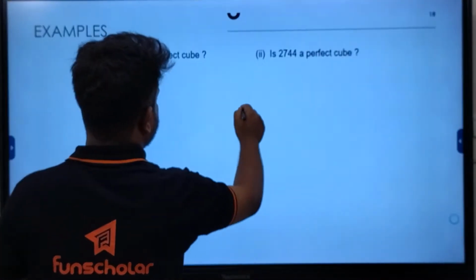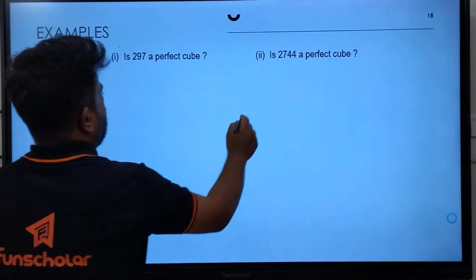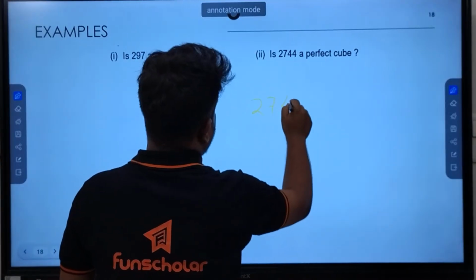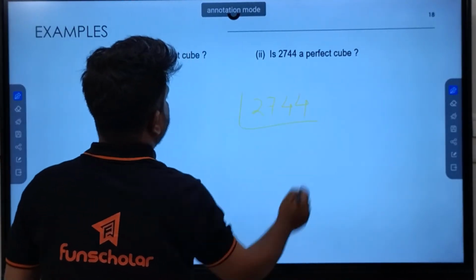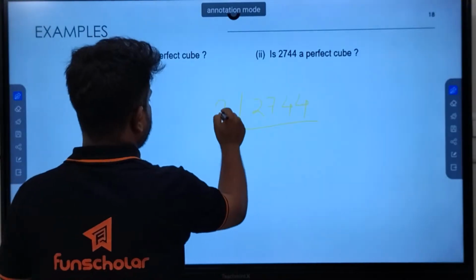And talking about this one, that is 2744, let's check, is this one a perfect cube or not? Divide it by 2.